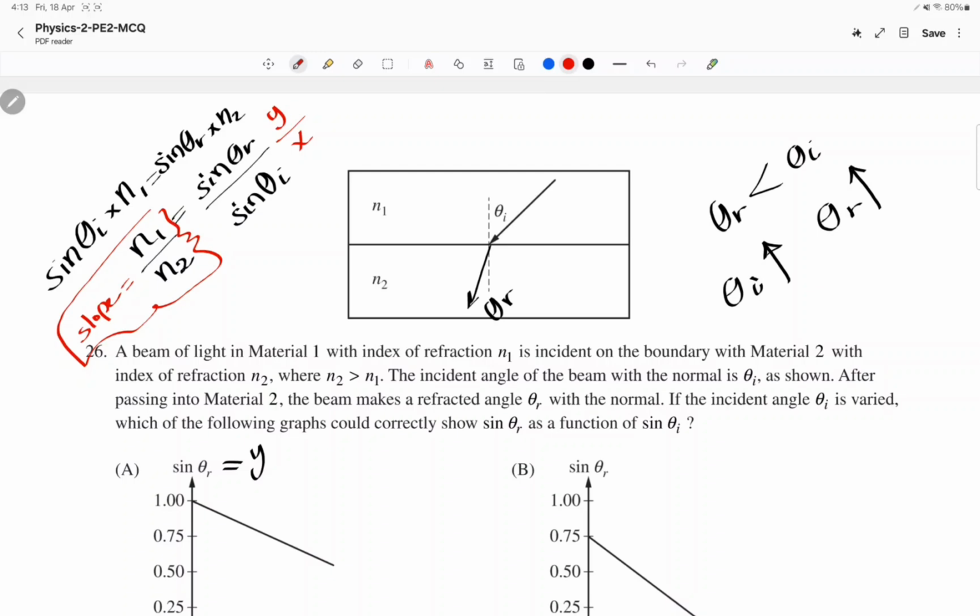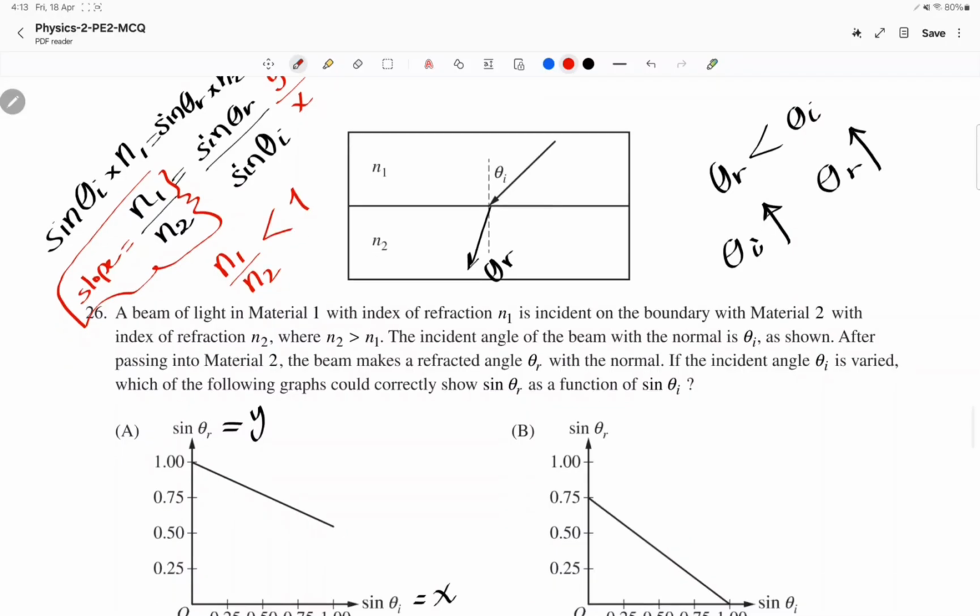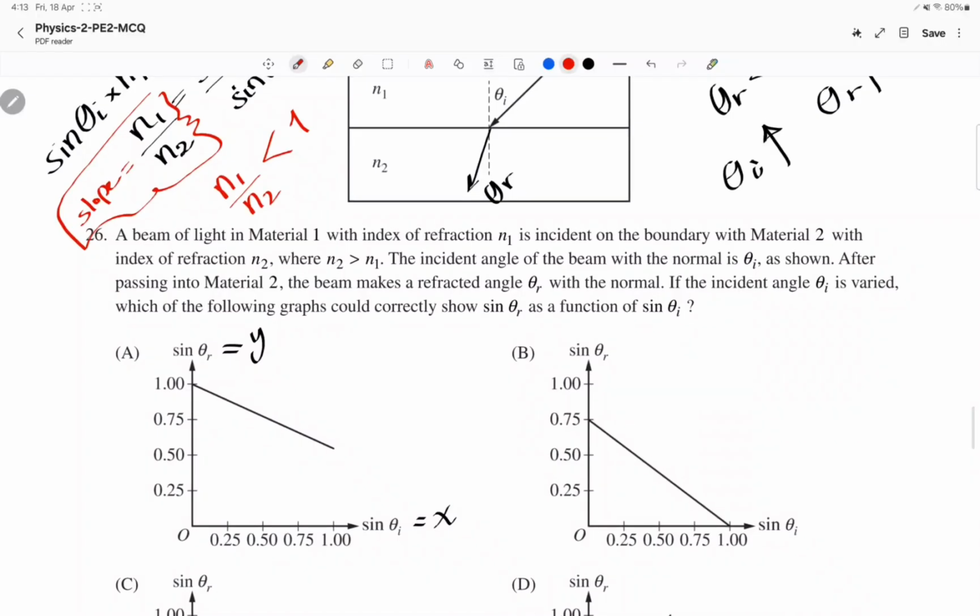And since n2 is more than n1, then n1 over n2 has to be less than 1. Your slope, sorry, not less than 0, less than 1. And so your slope has to be less than 1, but it's a positive slope, right? Because both numbers are positive.